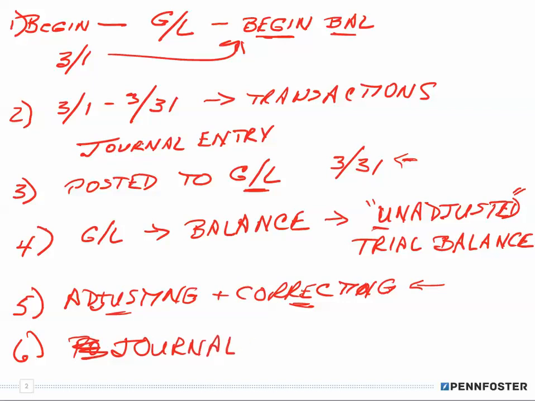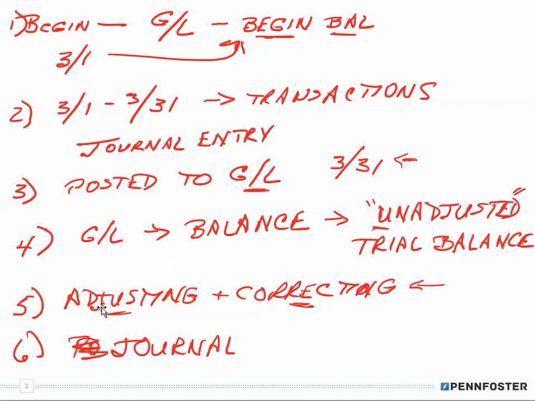And then for step number 7, let me get a new slide here. For step number 7, we're actually going to go from the journal and post them to our general ledger accounts. Okay. So let me go back to 6 here.